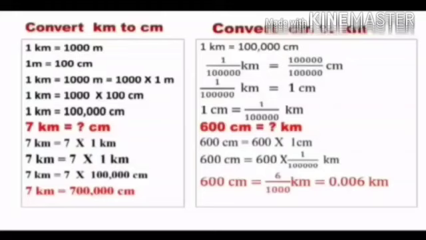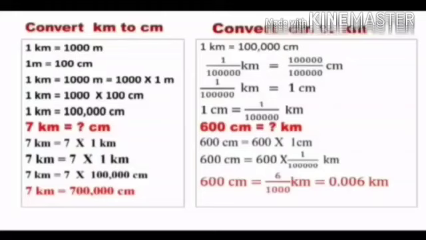So we have 1 by 100,000 kilometer is equal to 100,000 divided by 100,000 centimeter. 1 divided by 100,000 kilometer will be equal to 1 centimeter. We can write 1 centimeter equals 1 over 100,000 kilometer. This is the relation we are going to use to convert from centimeter to kilometer.